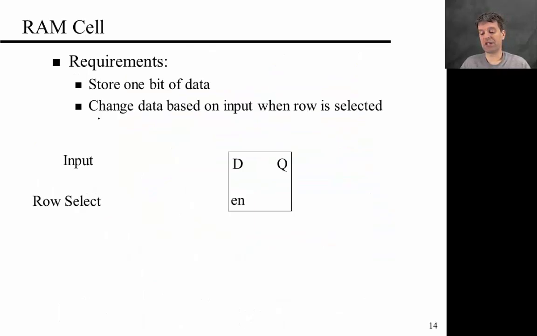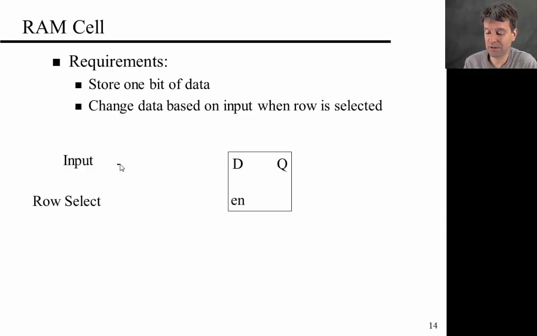We're not going to dive into much detail into what these memory cells look like, but essentially the requirements are that you have to store 1 bit of data, and that you have to be able to change data based on an input when a specific row is selected, right? And the element that allows you to do this is essentially a flip-flop.